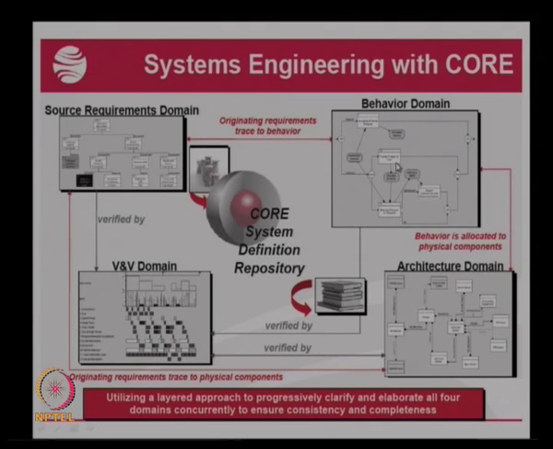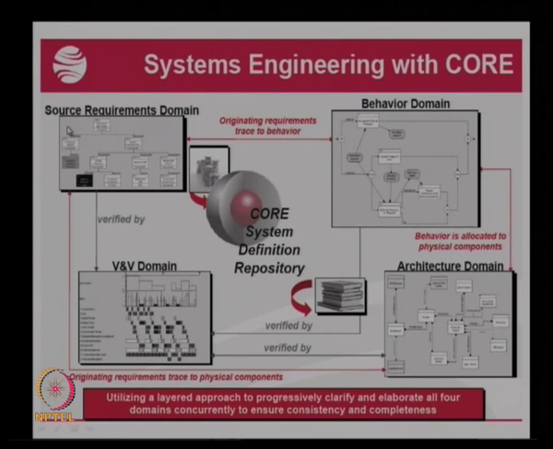So behavior is basically looking at the functions and functional decompositions. From this behavior domain you can develop the architecture domain, where you can identify how the behavior is allocated to different physical components, and then you can have the verification and validation using the architecture developed for the system. Here you can see that there are originating requirements traced to physical components.